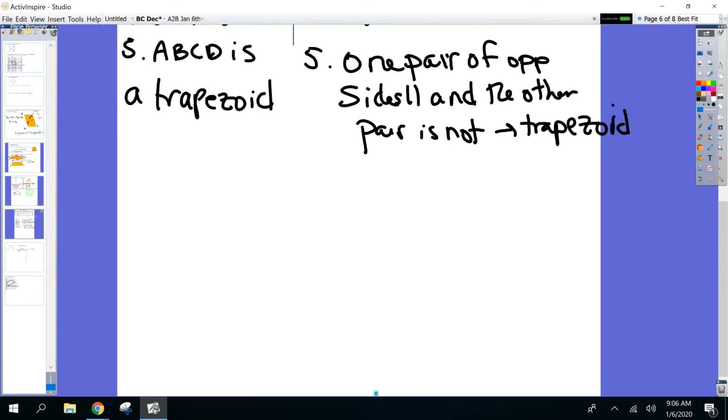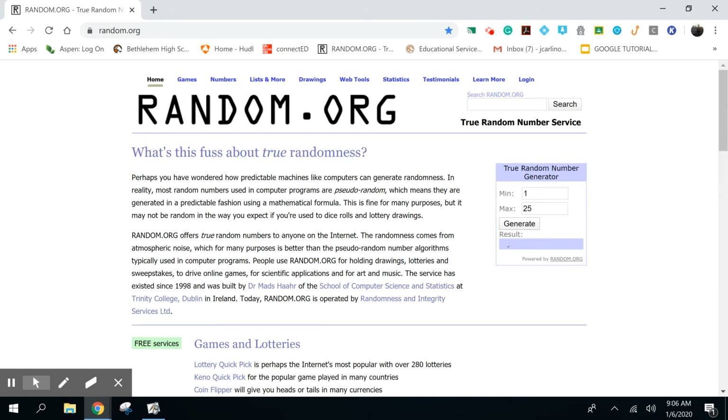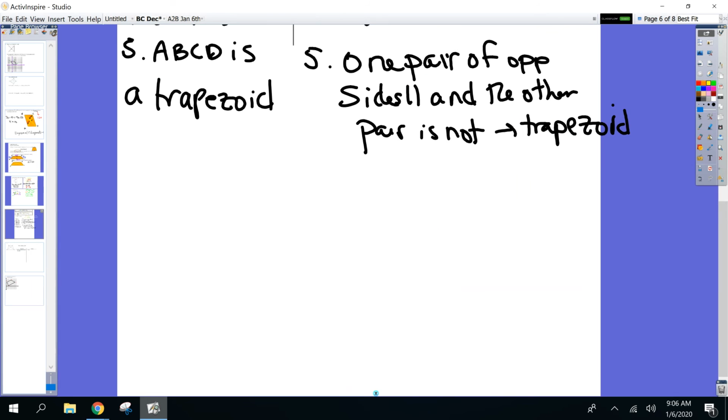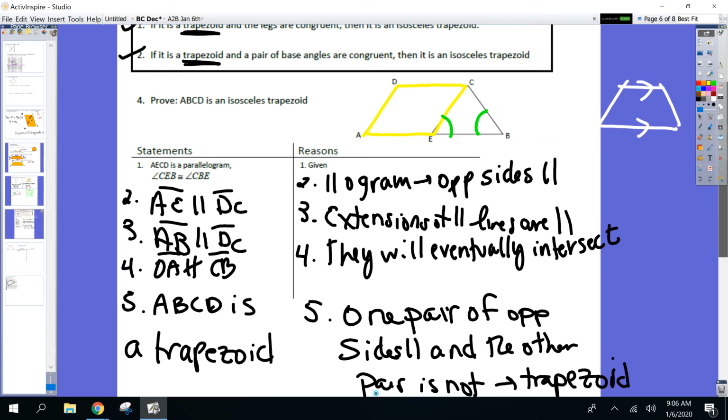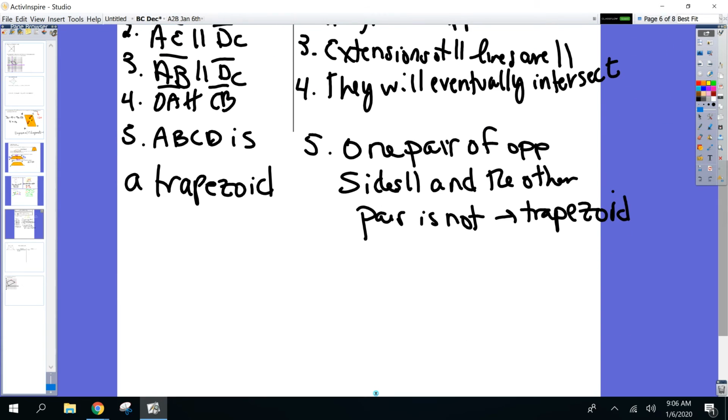Okay, since everyone was proving the legs, what did I need to do first to get the legs congruent? Here you go, 12. What do I need to do first to get the legs congruent? DA and CE, yes, they are congruent. Didn't have to put that first, but it had to come eventually. Why are they congruent?